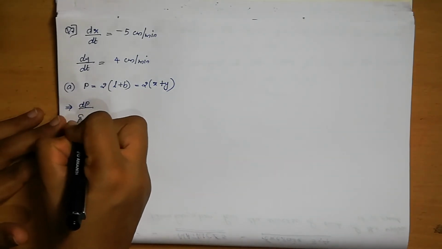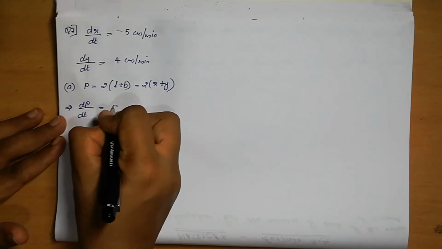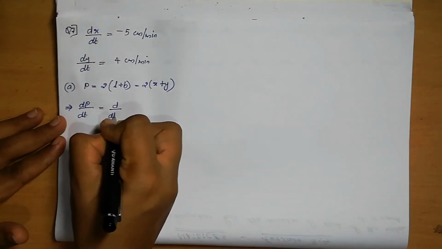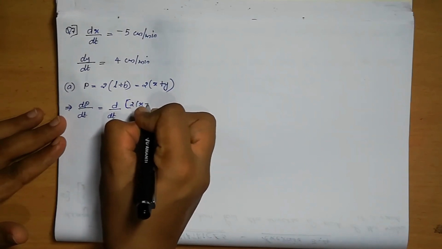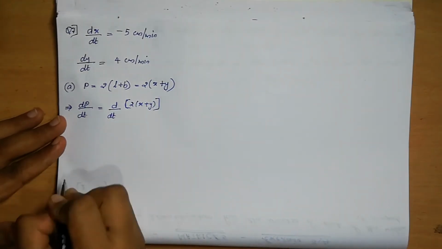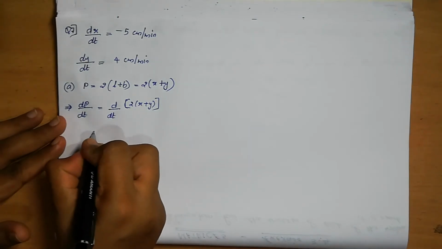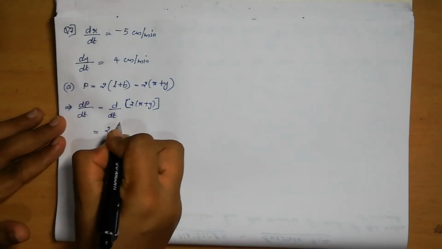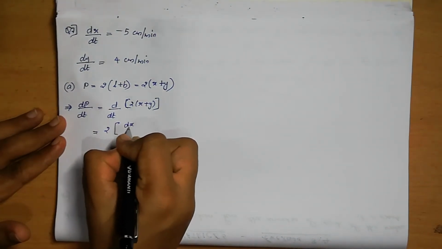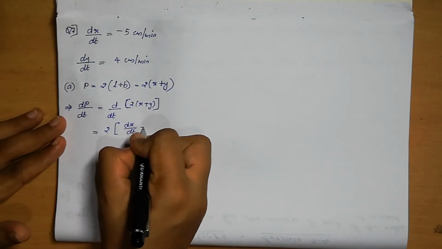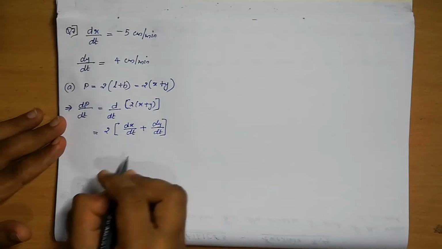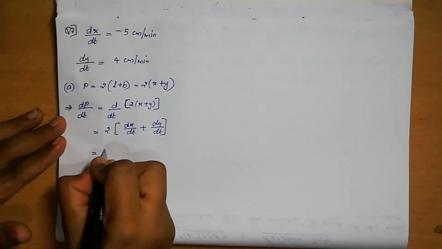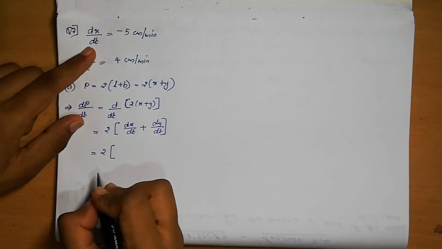dp by dt equal to d by dt of, what is perimeter? 2 into x plus y, right? So the 2 is a constant. Derivative of x is dx by dt and derivative of y is dy by dt, correct? We can substitute the value over here. 2 into dx by dt is what?